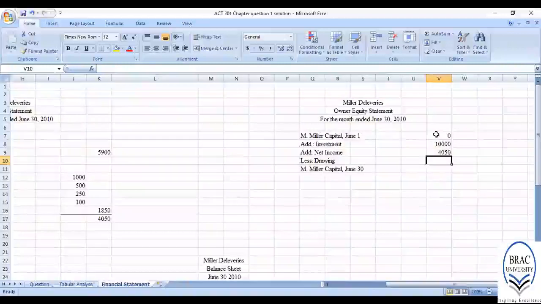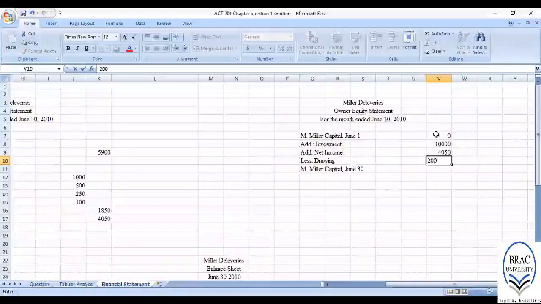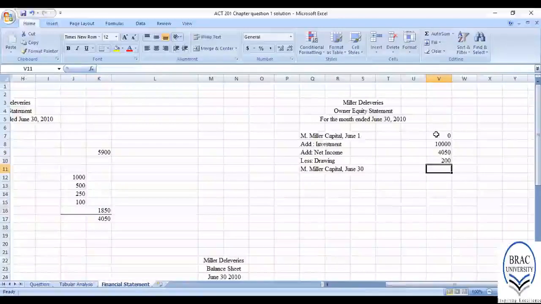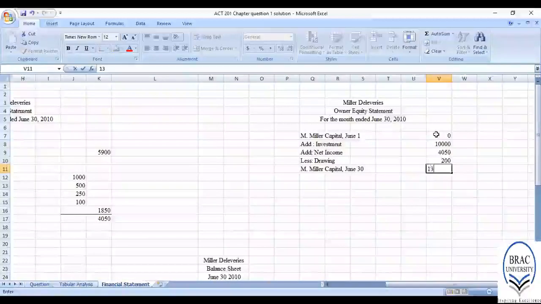Then we will deduct the drawing, which is $200. After all the calculation, M. Miller Capital on June 30th is $13,850.